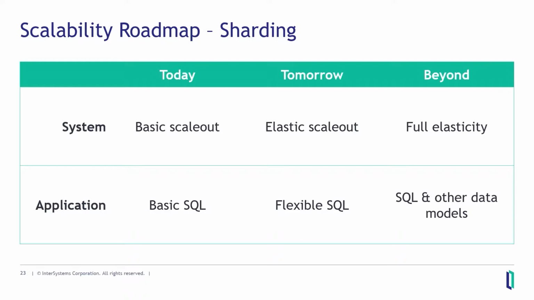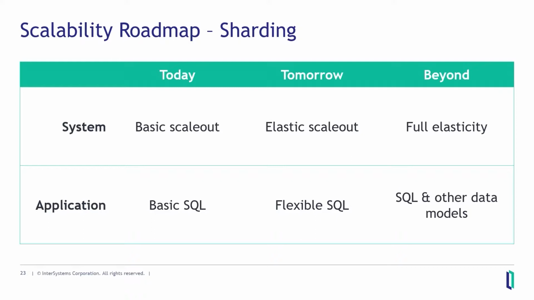Also removing some of the limitations that were in place in the initial release. So there's no more restrictions on when you can add shards. You can always add shards. There's no restrictions on your schema. You can use practically all of the SQL features that you might have been used to from before.